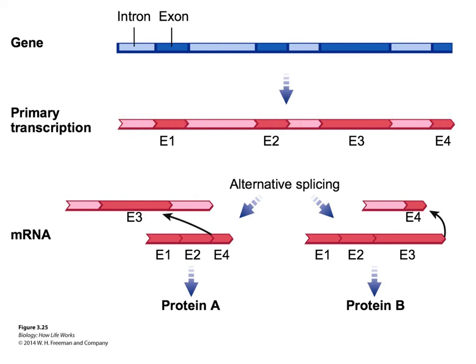Well, protein A is a combination of E1, E2, and E4. So these 3 exons make protein A, whereas 1, 2, and 3 make protein B. And so one gene led us to 2 different proteins based upon alternative splicing. And this is very common in eukaryotes.